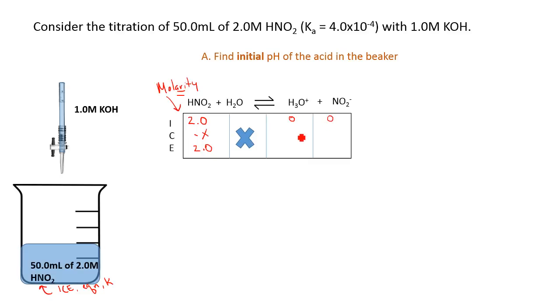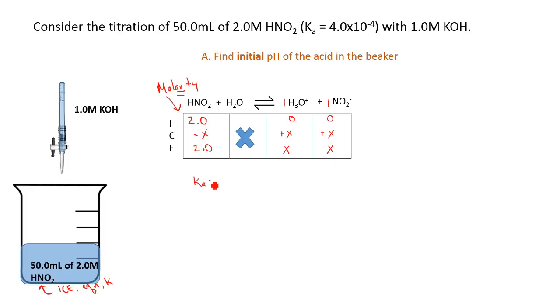After equilibrium is established, we know that we're going to add some unknown amount of H3O plus and NO2 minus. We know that they're both going to be X because these stoichiometric coefficients are both 1. So we have 1X and 1X. 0 with the addition of X gives us an equilibrium concentration of X in both of these columns. We need Ka.